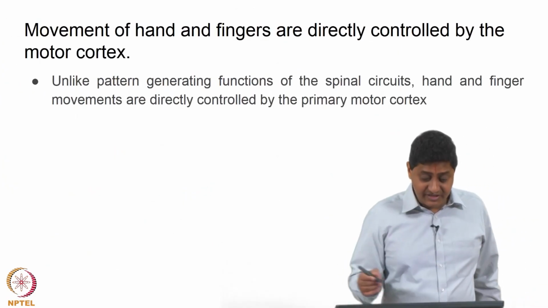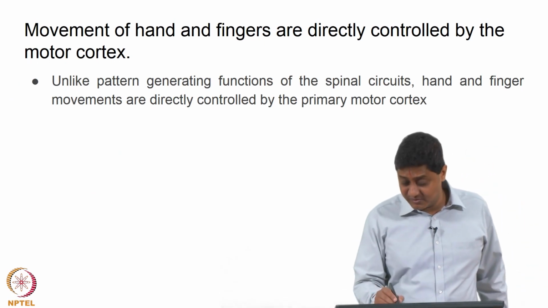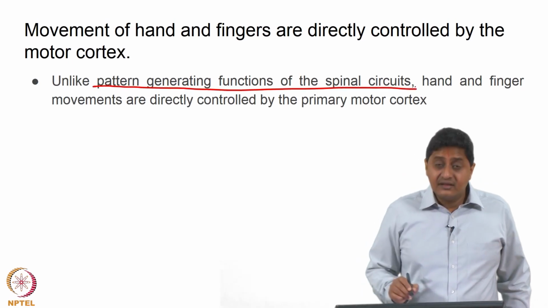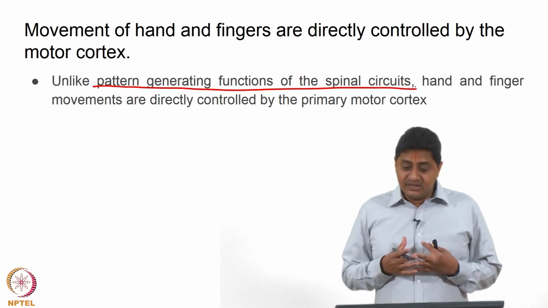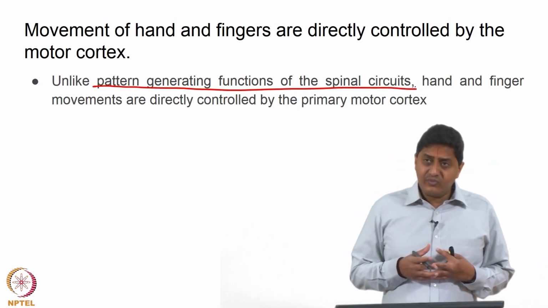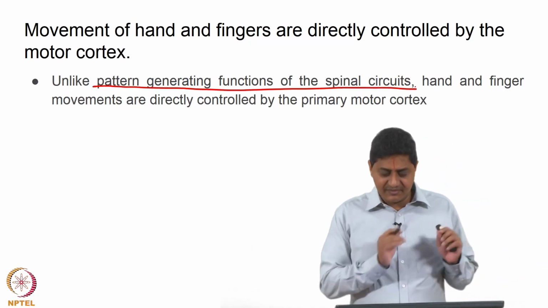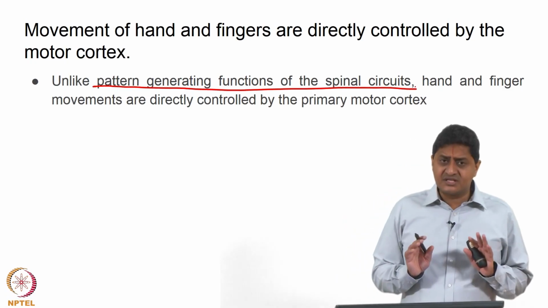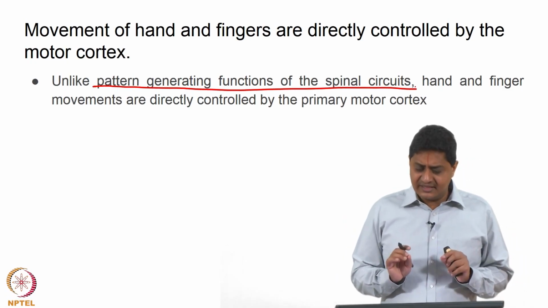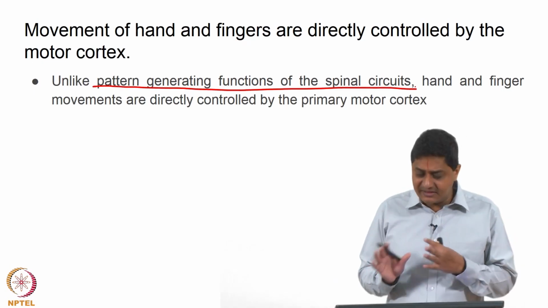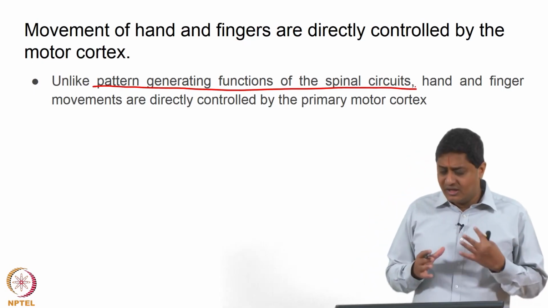So, unlike pattern generating functions of the spinal circuits, what do we mean by that? What is mentioned here is that for example, in lower animals and presumably hypothetically in humans also, that is a matter of debate. At least in lower animals, it is now well known and accepted that there are these central pattern generators or the spinal pattern generators that are responsible for locomotor function.